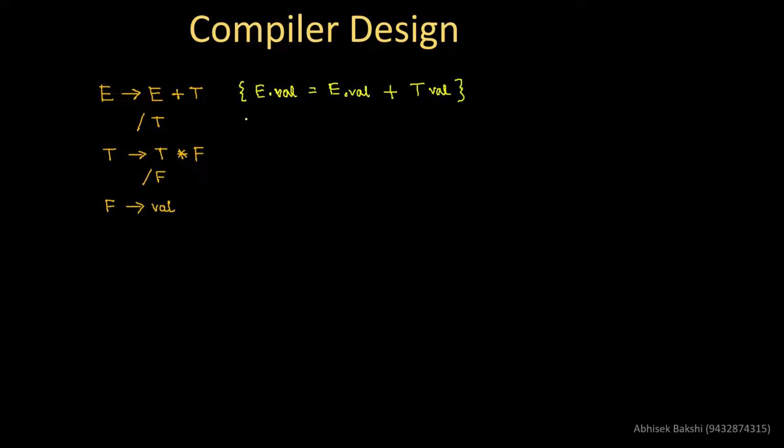Here, since you are writing E to T, there is no addition, so whatever value the val attribute in this T node has will just be copied into the val attribute of the E node. That is what the production E to T represents. So I can simply write E dot val equal to T dot val. That's all.